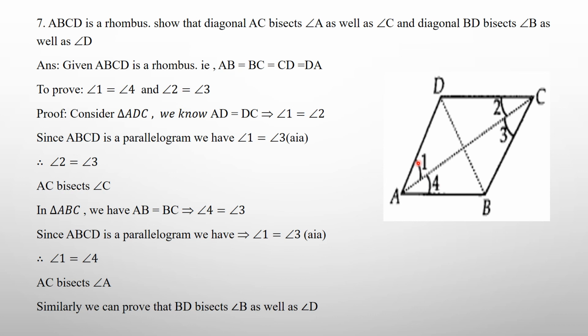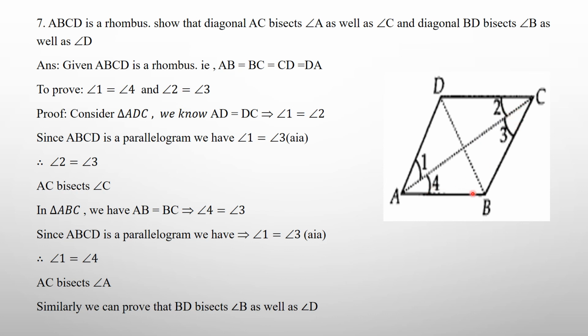Therefore, we can write angle 1 is equal to angle 3 using the condition alternate interior angles. From this we can see angle 1 is equal to angle 2 and angle 1 is equal to angle 3. Therefore, angle 2 will be equal to angle 3, and we can say the diagonal AC bisects angle C.